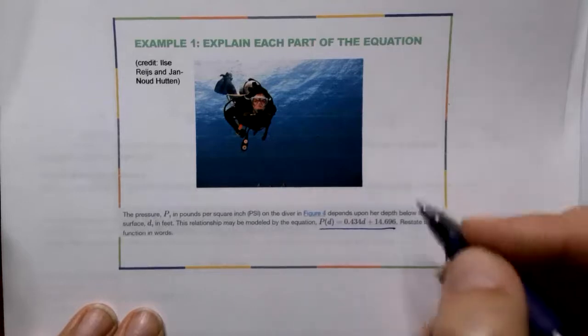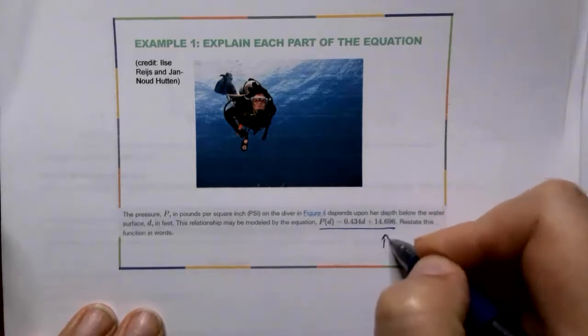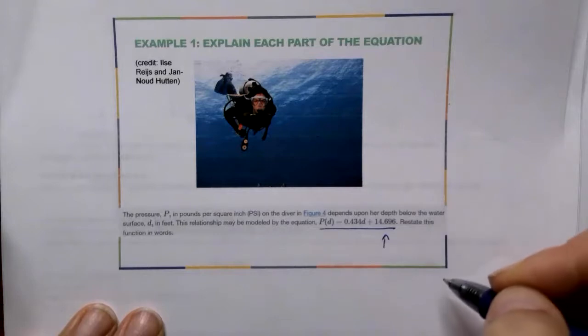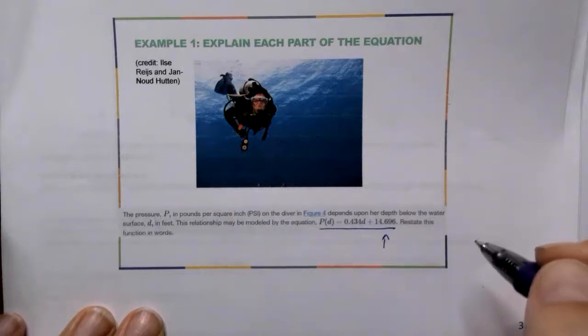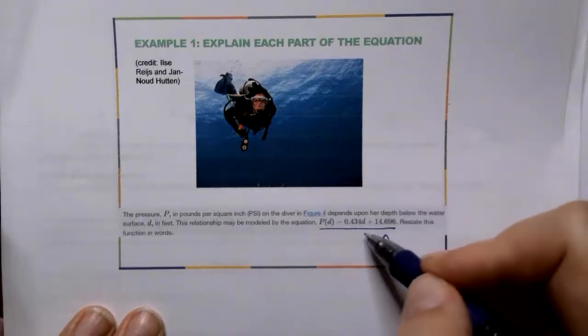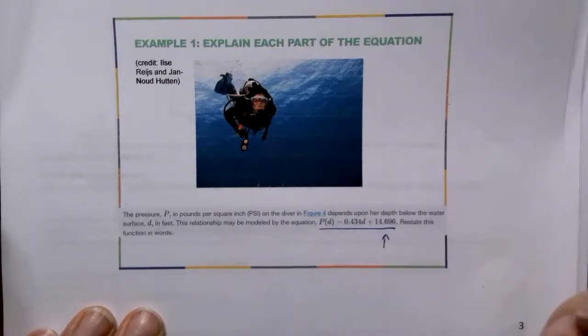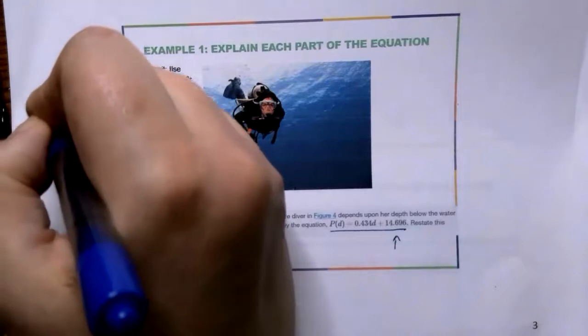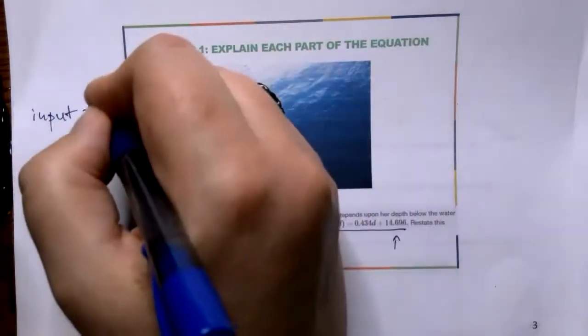Okay, like we said, the b value is our initial value. So what is the initial value? Since our inputs, first of all, let's identify the inputs and outputs. So the input for this function is d. What is d? That's the depth.